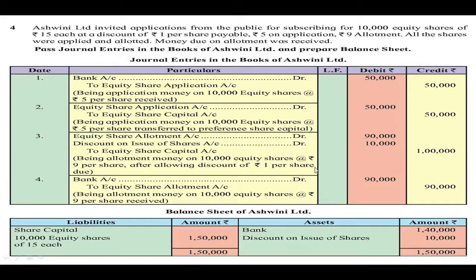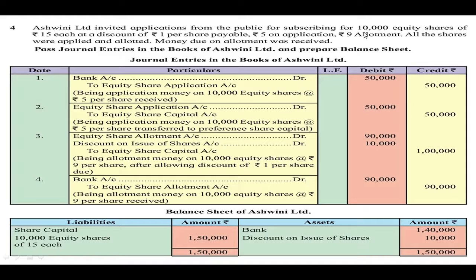Then after that, the next entry is for receipt of the funds from the shareholders to whom the shares are allotted. Bank account debit 90,000 to equity share allotment account 90,000. You can see from this that the allotment money is actually rupees 10 per share.